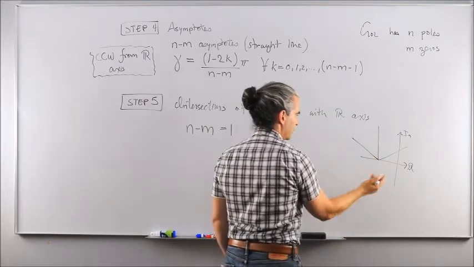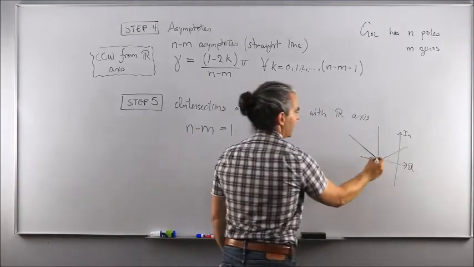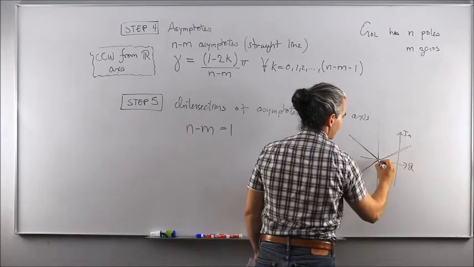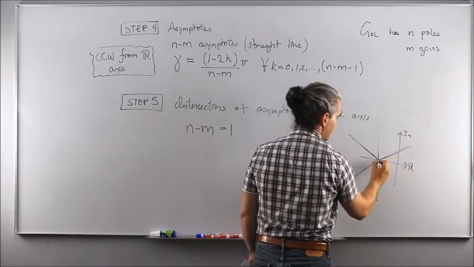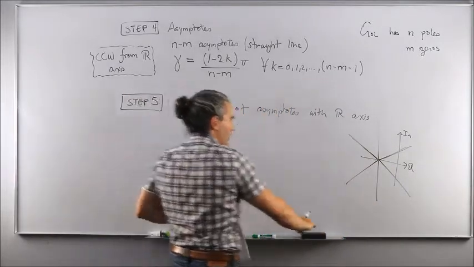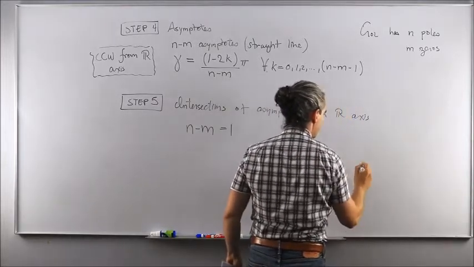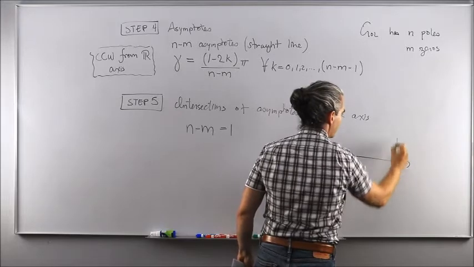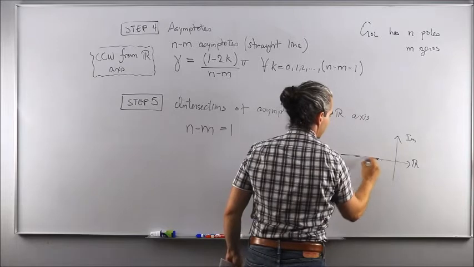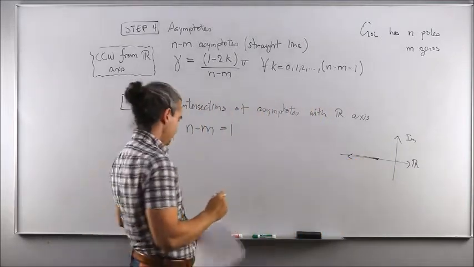Because by virtue of the symmetry, that would mean that if there's one going here, you better have another one going down there. If there's one shooting straight up, you better have another one down here. And similarly for this one inclined, say at 45 degrees, there needs to be one at minus 45 degrees. But if you happen with only one pole in excess of the zeros, the only choice you have is to have your asymptote directly on the real axis, say like that, to ensure that you still satisfy step number 1.